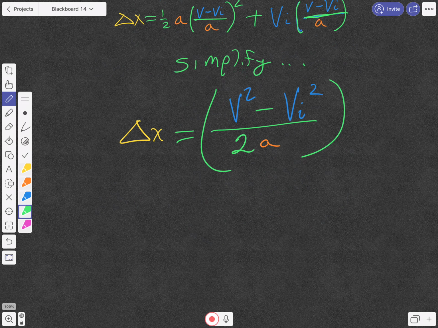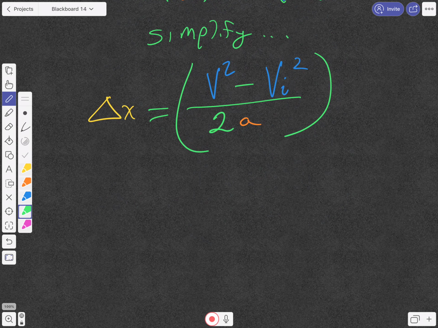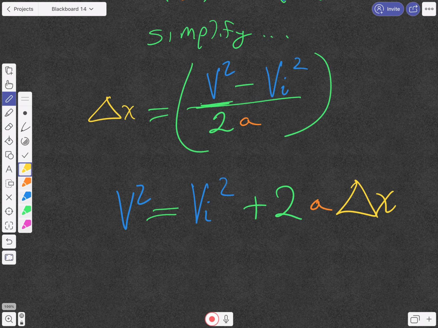So now if we wanted to get our velocity, so our current velocity, again by itself, it's going to be v squared is equal to v initial squared plus 2a delta x.